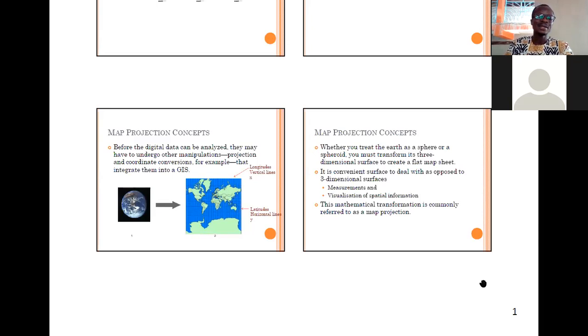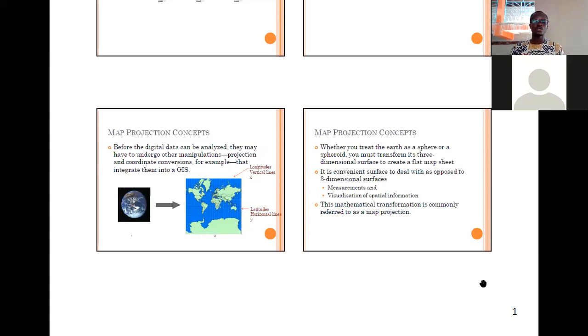But you can't be transforming fried rice to jollof when you don't even know how to cook rice, that you just don't put in a whole lot of water, or you end up with rice water. Are you okay? So we want to understand the very fundamentals of what map projection is about. Then we can look at transforming one projection system to another.